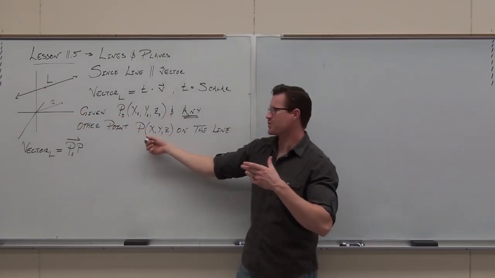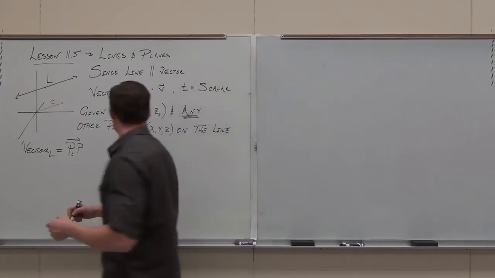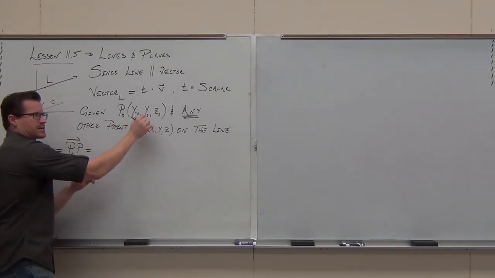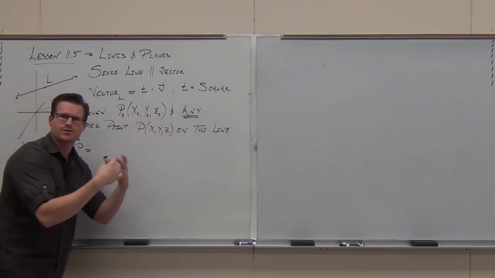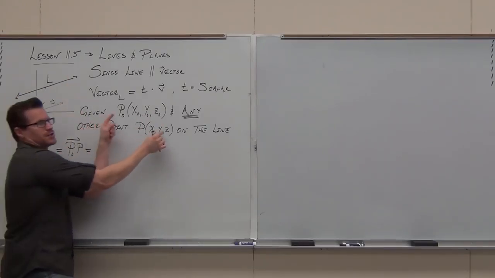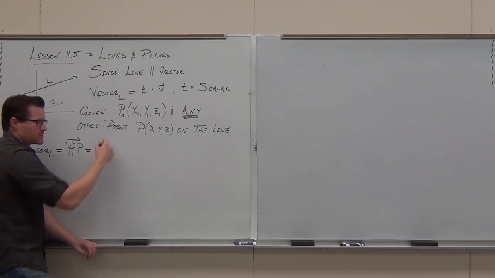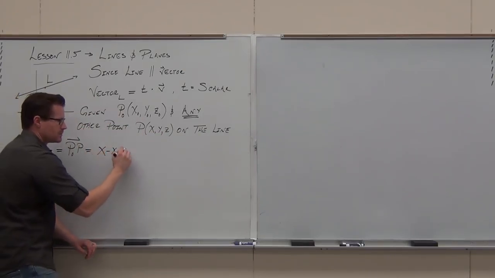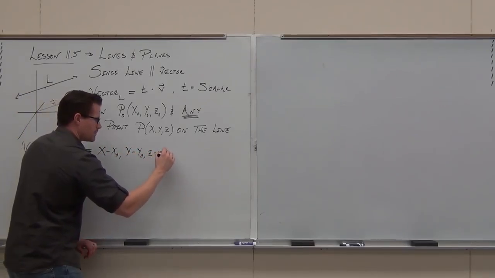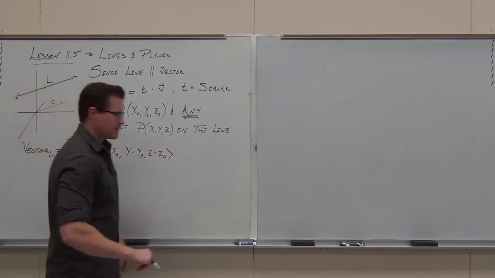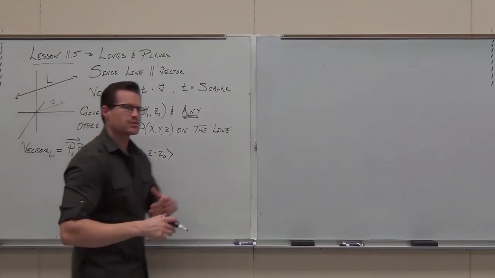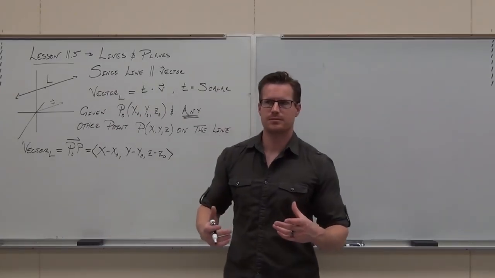The way we do that is this minus this, this minus this, this minus this, which is how we always find the vector between two points. So the vector of the line, if these two points are on that line, just subtract them. And that's what we use to represent the vector of that line.